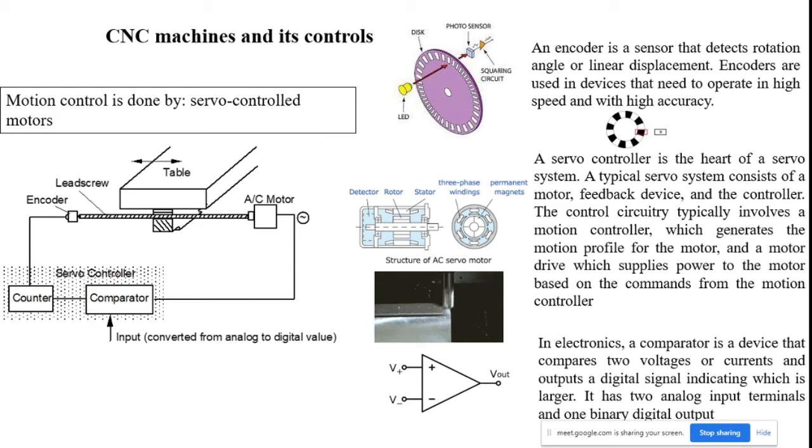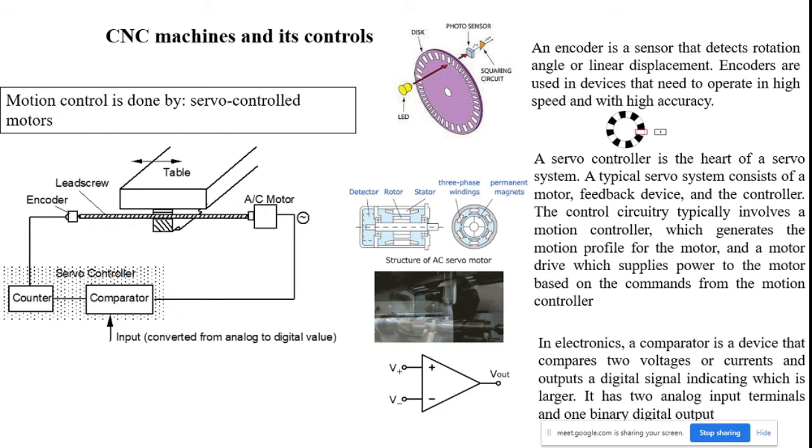After that, based on this encoder data, the servo controller is operated. The servo controller is the heart of the servo system and the CNC system. A typical servo system consists of a motor, feedback device and the controller.